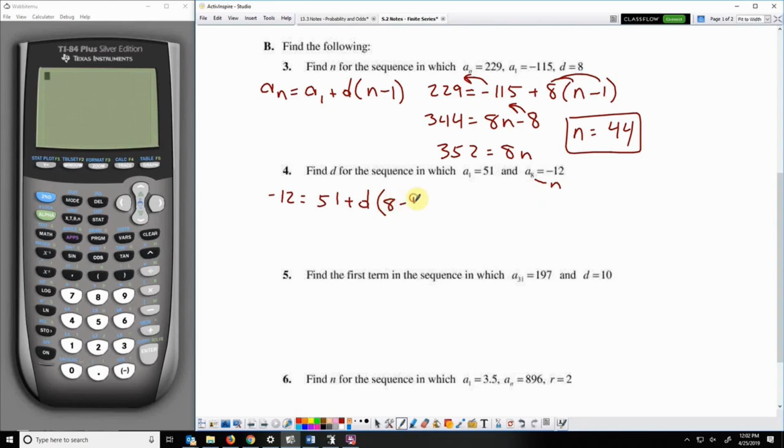So 8 minus 1. So I will subtract this 51, so negative 12 minus 51, that's negative 63, equals 8 minus 1 is 7, so 7d. And we'll divide both sides by 7 and find that the common difference here is negative 9.